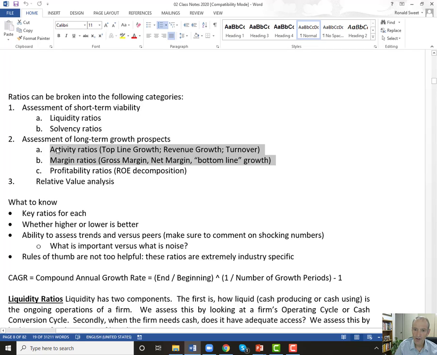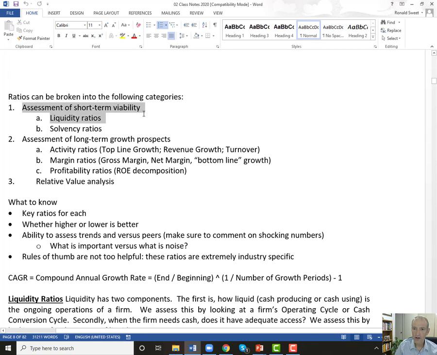If you're cybersecurity, you need to understand how the investments you're making in information technology are impacting the return on equity of your firm. Management, you've got to know all of this because you are on the front line managing it. Your employees are going to inspect the activity and margin ratios. So it's important to know for everybody, but especially accounting and finance majors.